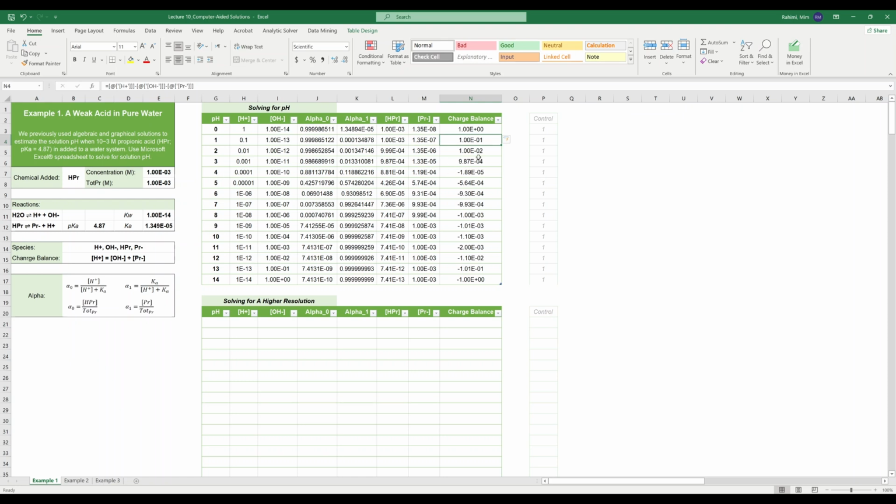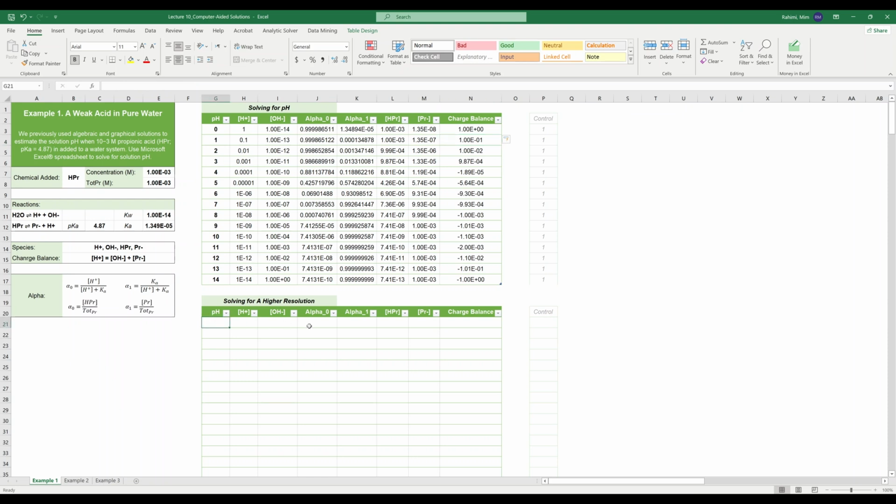In order to find a higher resolution, you can just say that pH is between 3 and 4, but you don't know a more accurate number with, for example, 1 decimal. So what we can do is the same sort of calculation, but this time focusing on pH values between 3 and 4, with a higher resolution.